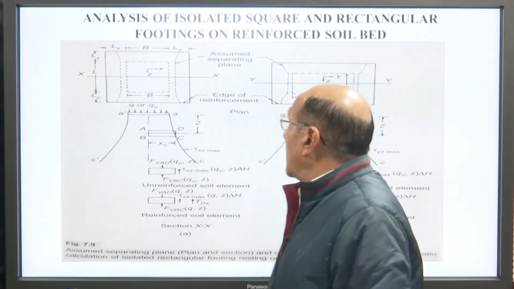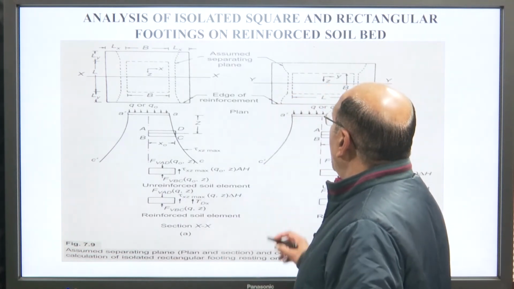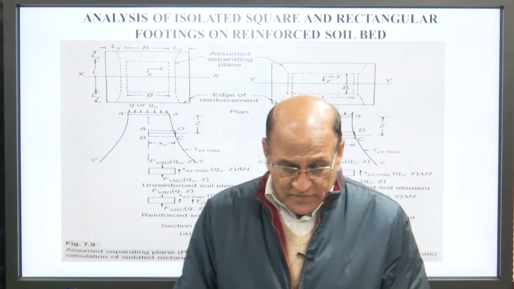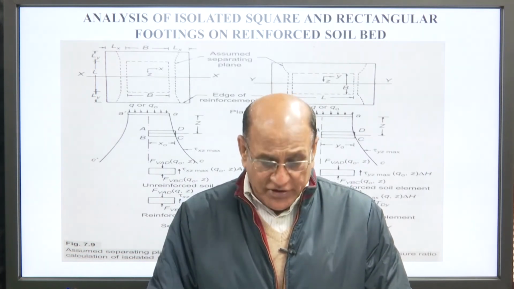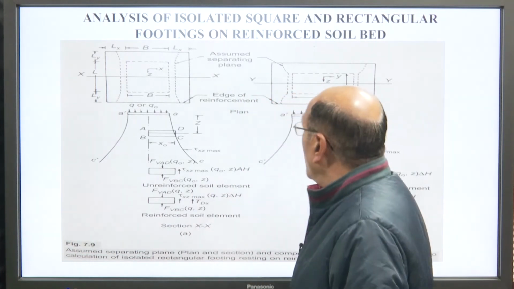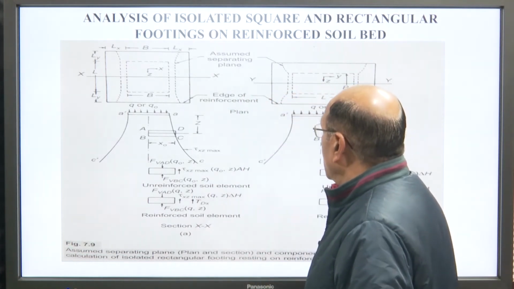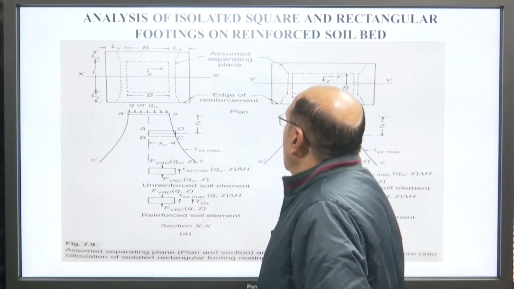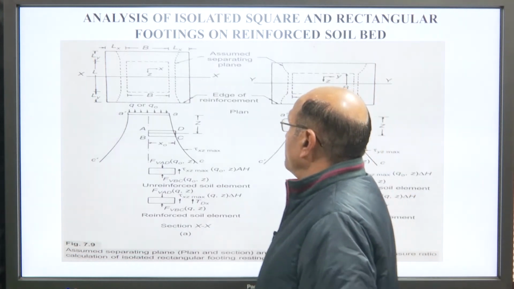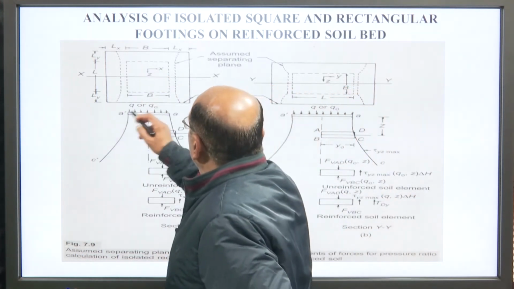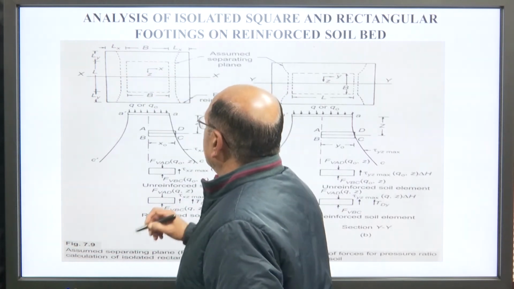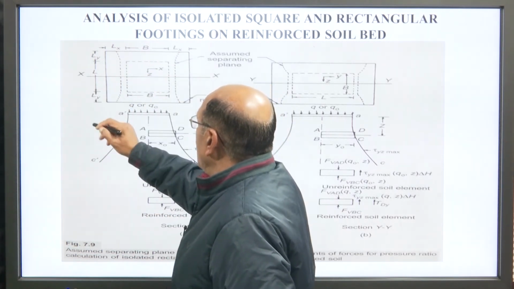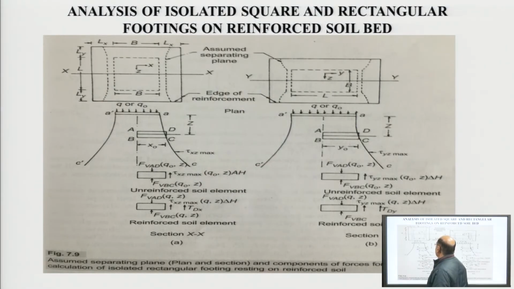So, now come again to the analysis of isolated footing, an isolated square and a rectangular footing. This will also be analyzed in the same way. We can see here this is a rectangular footing having width Lx, and this is Ly, and this is the axis x.